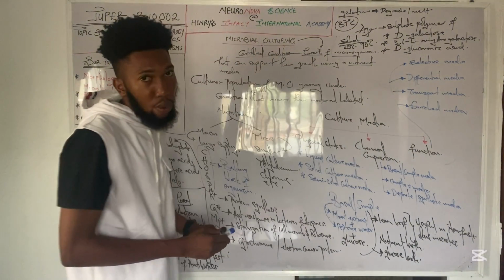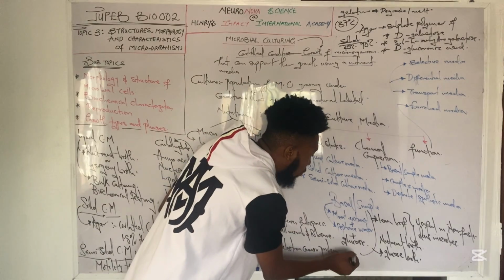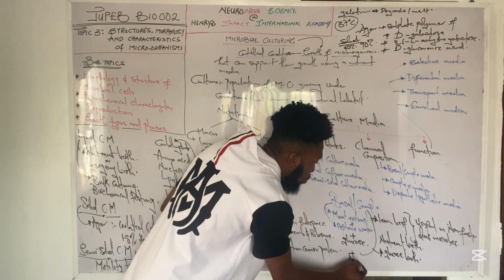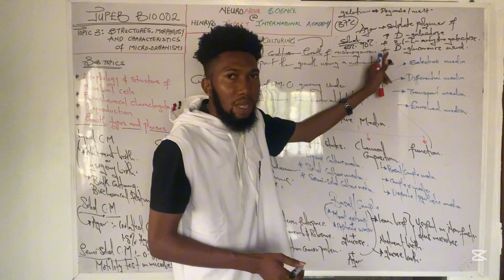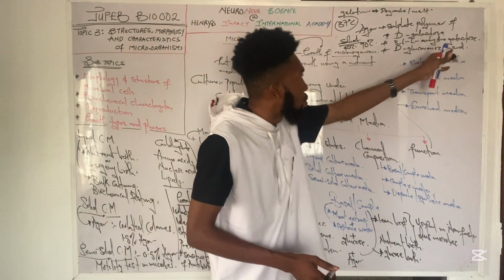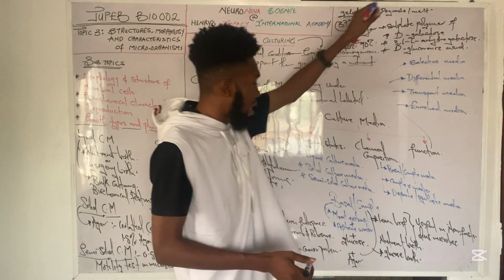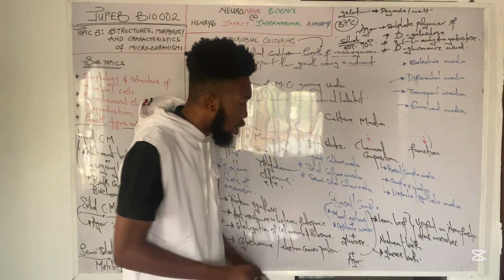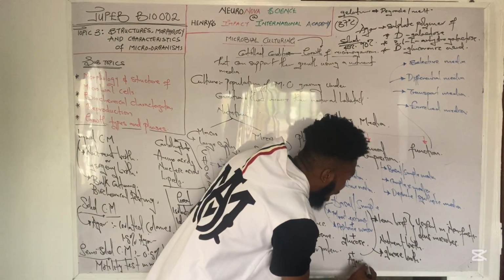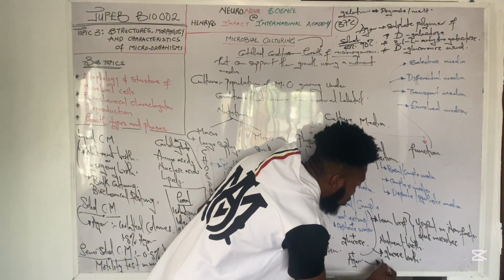Now, if I go further and add agar, which I told you is a sulfate polymer of D-galactose, 3,6-anhydro-L-galactose, and D-glucuronic acid, if you just add that into this mixture of meat extract and peptone water, what you will now have is called a nutrient agar. Look at the difference.